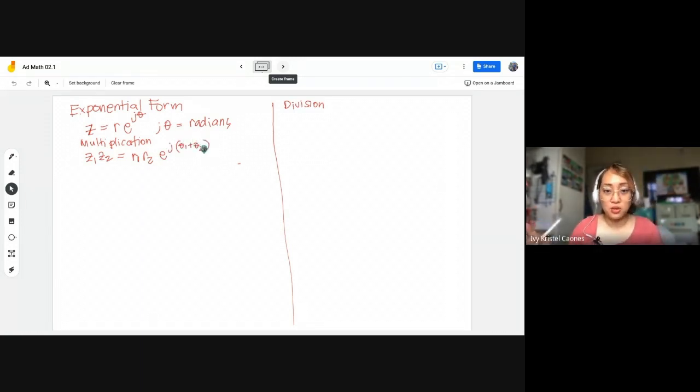Again, the theta should be in radians. And if that will be in division, it will be r1 over r2, e to the j, theta 1 minus theta 2. Okay?